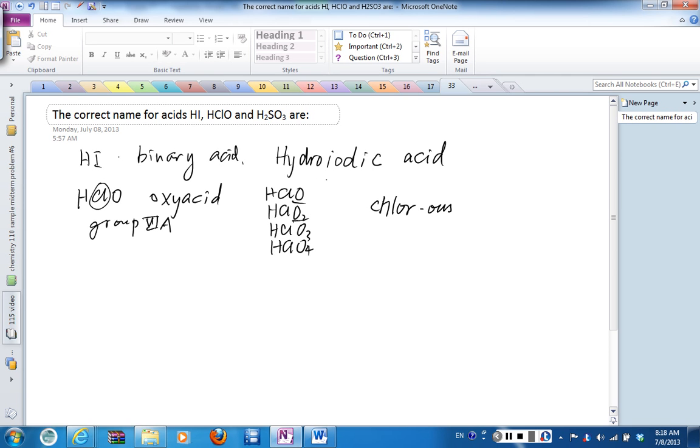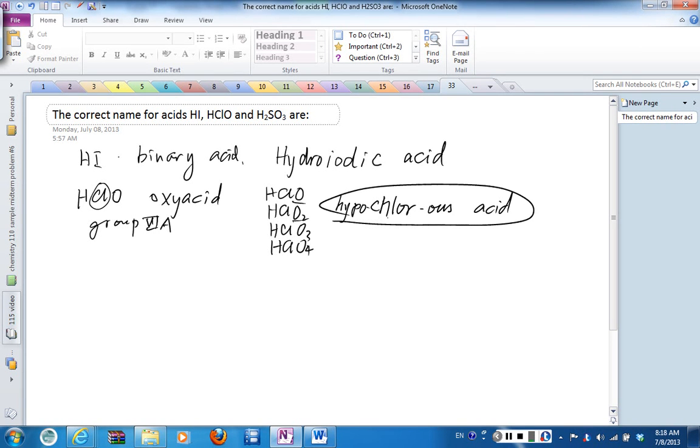Now, since 1 is the lowest number, we also put in a prefix of hypo, and then throw in the word acid. That would be the name of this acid, HClO. So this is hypochlorous acid.